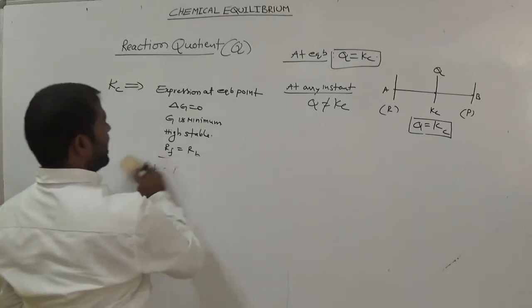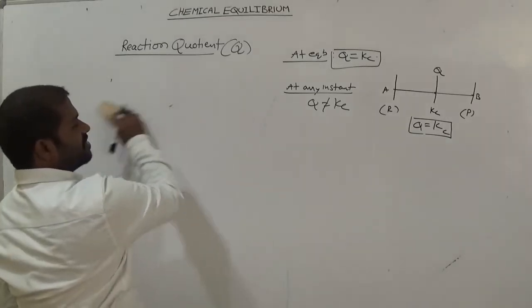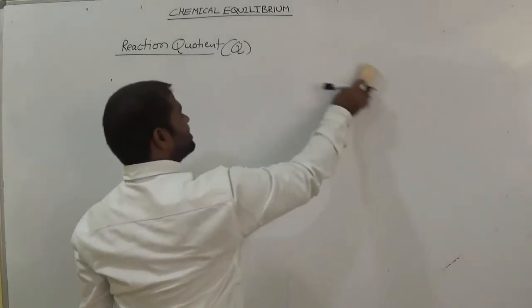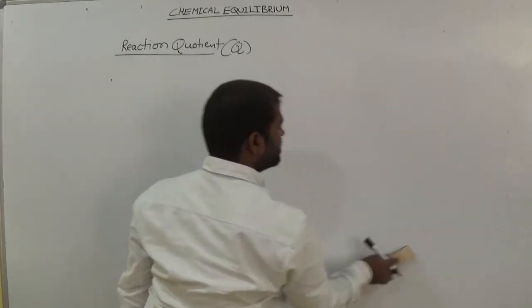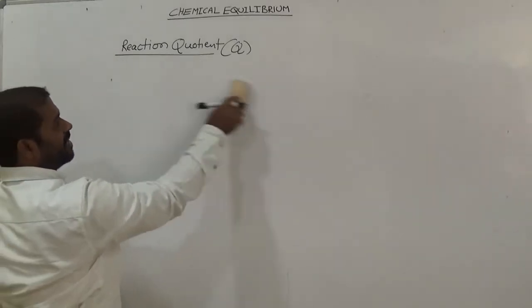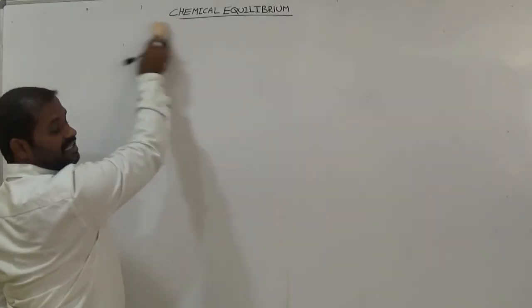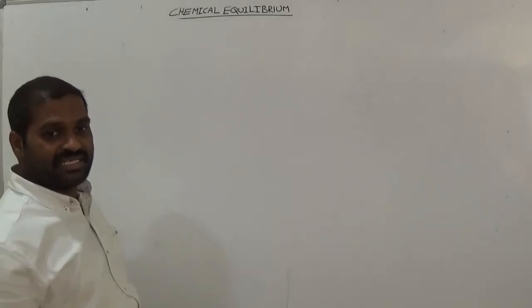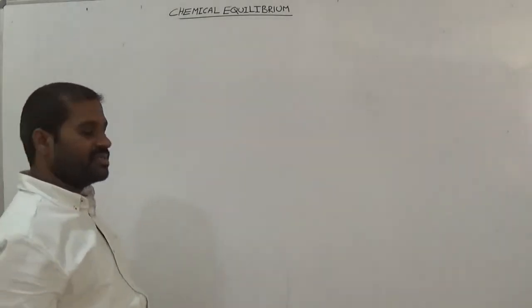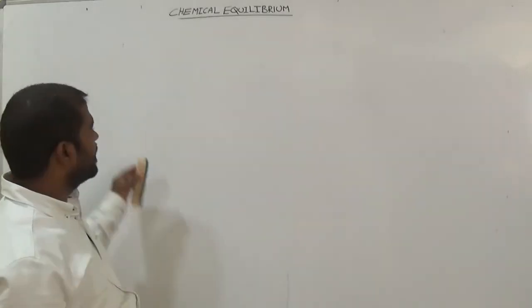So what is meant by reaction quotient here? The equilibrium expression at any instant of time is taken as Q. Exactly at equilibrium, that is expressed as Kc. But Kc and Q have the same expression. Is it clear?